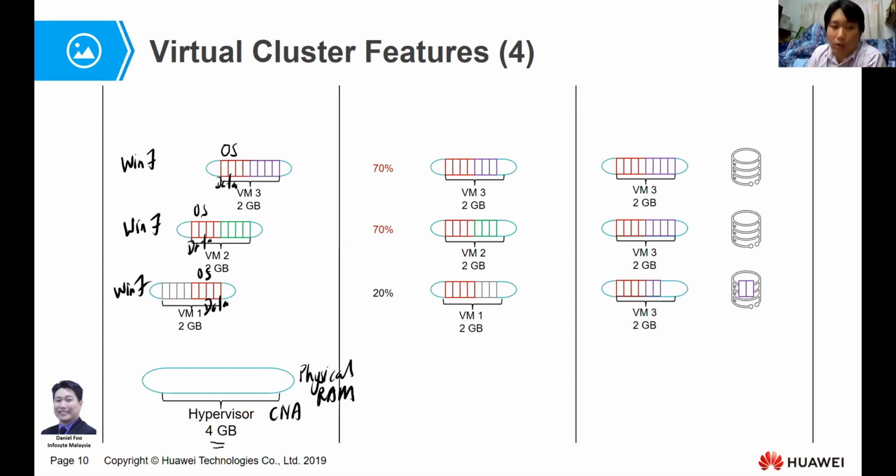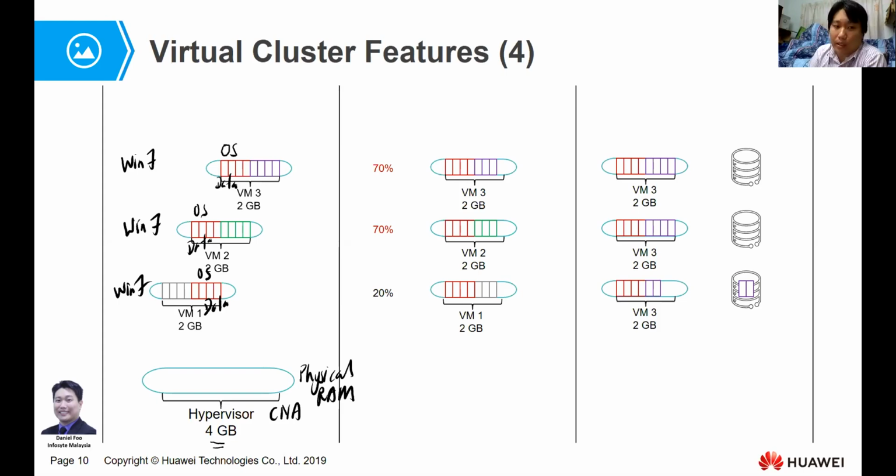When you are loading Windows 7 operating system data, a lot of the data is identical, although they are running on different virtual machines, so it can be shared for read purposes.